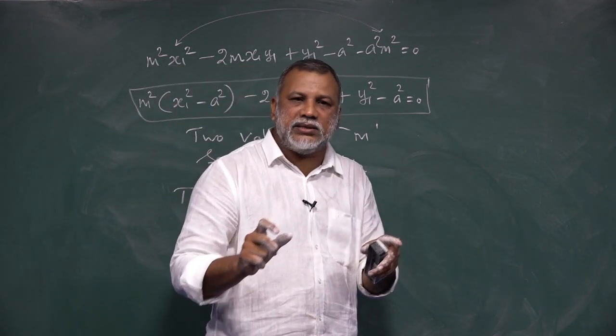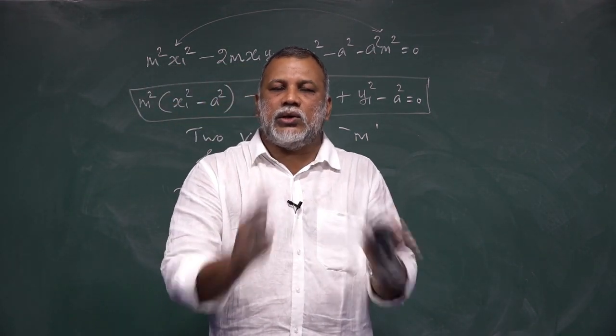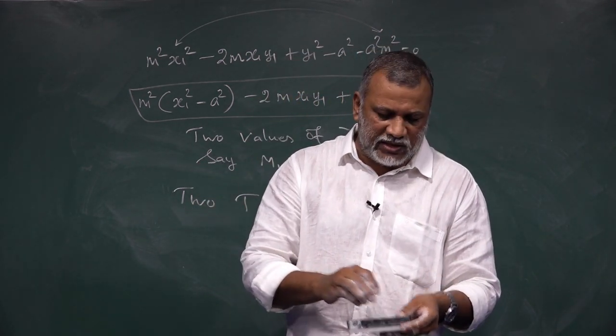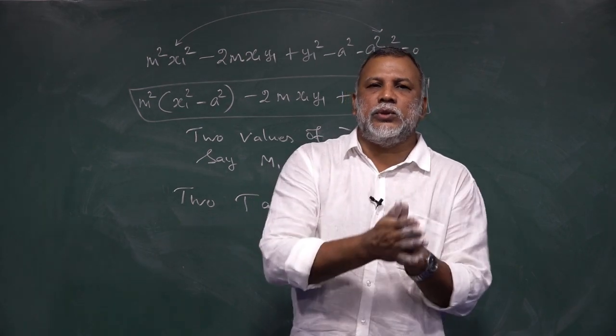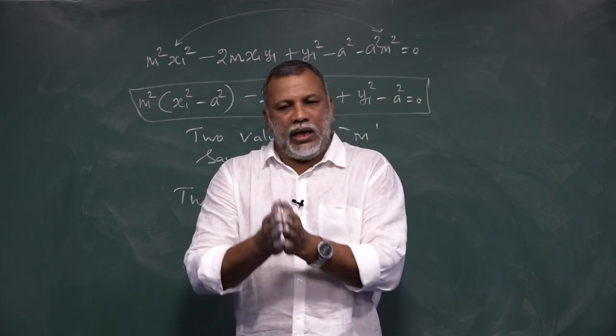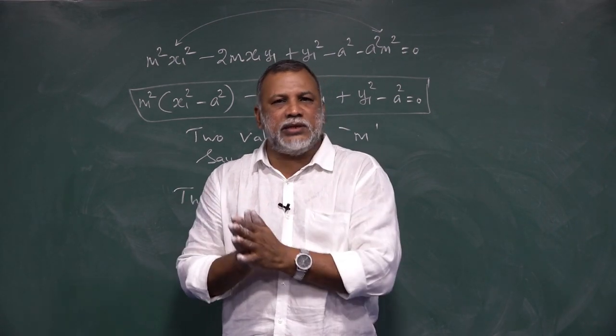So the heading is: two tangents can be drawn from any point. So use the equation of the tangent in terms of slope. What is the formula? y equal to mx plus or minus a into square root of 1 plus m squared.